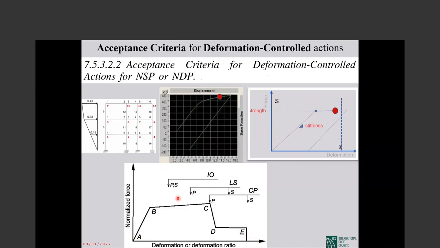We have force control actions, no need for these curves; they are always A to B. And for all deformation control parameters in steel structures, concrete structures, masonry structures, wood structures, they use the same shape, just the values change. The residual strength ratios change. The ductility before deterioration changes.